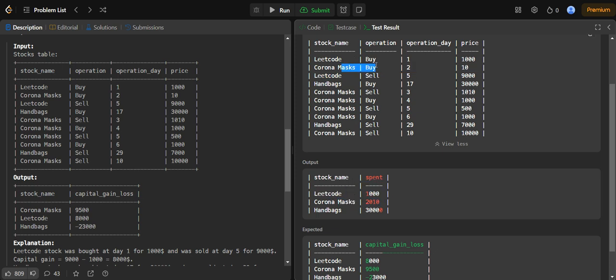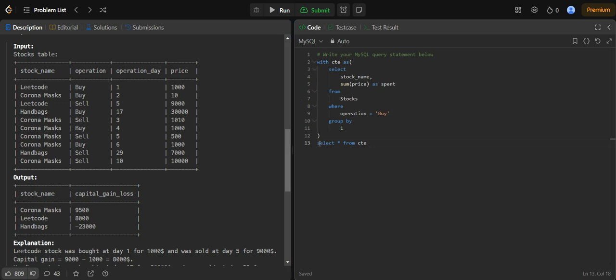Corona Masks was bought for 10, then again for 1000, and again for 1000, so Corona Masks is 1000 plus 1000 plus 10, 2010. Handbags was bought for 30,000, and only once, so handbags is 30,000. So I got this table where I have added all the prices at which the stock was bought. Now, for when the stock is sold, I will add all the prices.